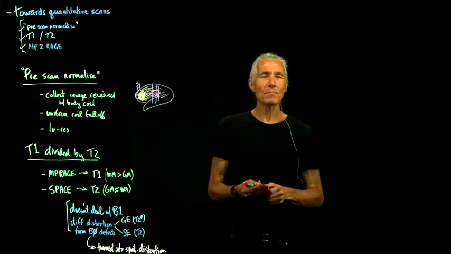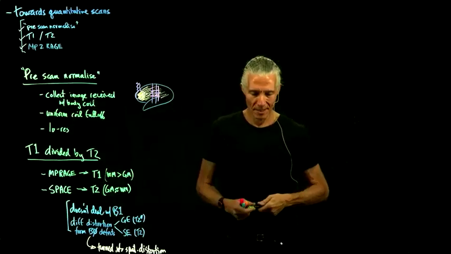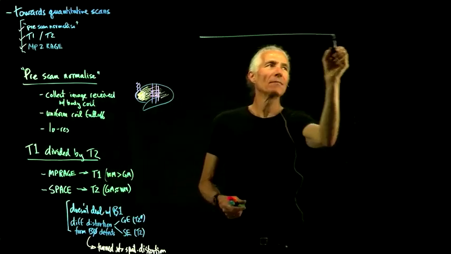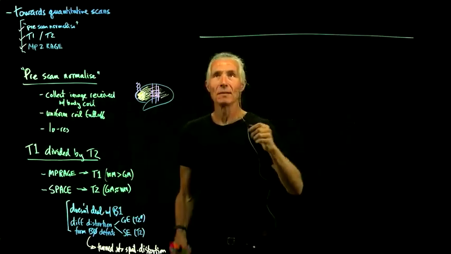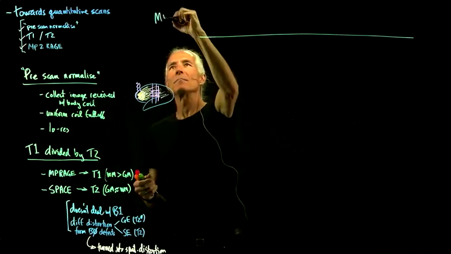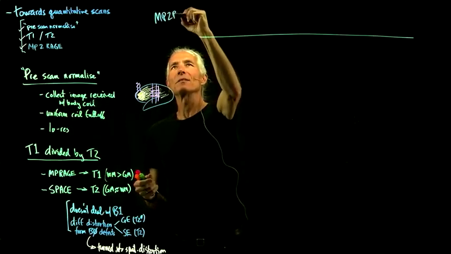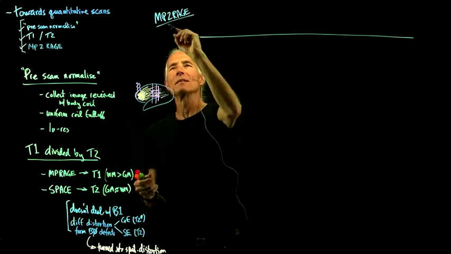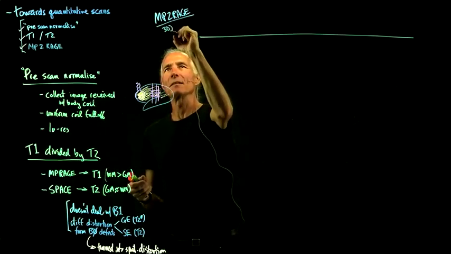So what this one looks like is we've got the RF up here. This is MP2RAGE. We have this on the scanner too. MP2RAGE, 3D. It's a 3D scan.